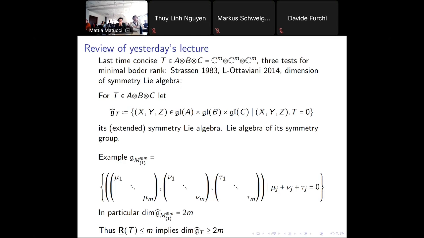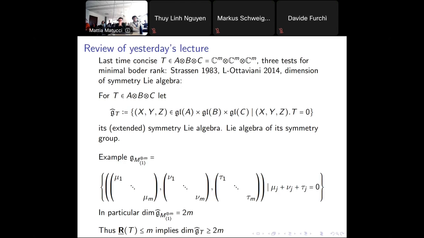So if this respects degeneration, the dimension of this symmetry Lie algebra: if the border rank is less than or equal to m, then the symmetry Lie algebra must have dimension at least 2m. And that means this system of linear equations must have at least a 2m dimensional solution. So that's a bunch of equations on a vector space of dimension 3m squared, must have at least 2m solutions if my tensor has minimal border rank.